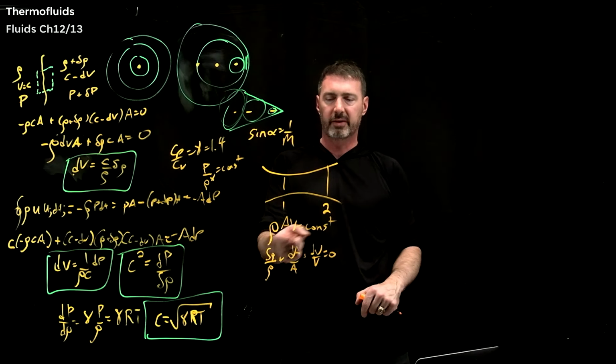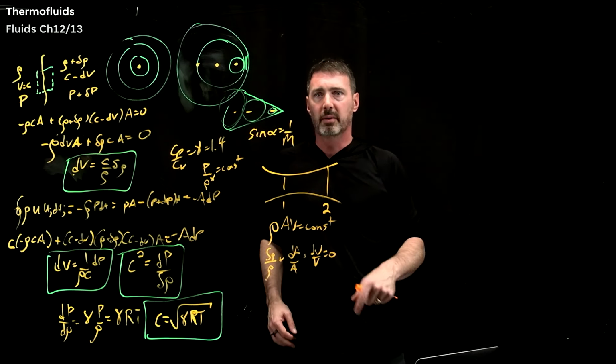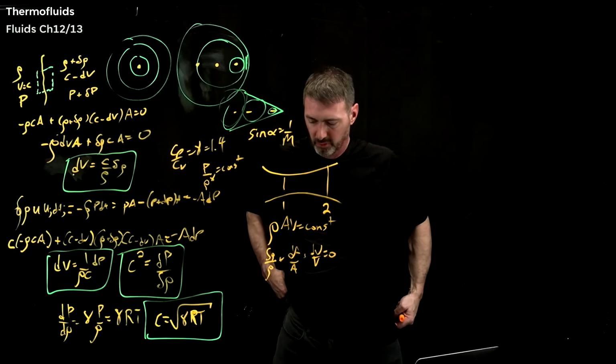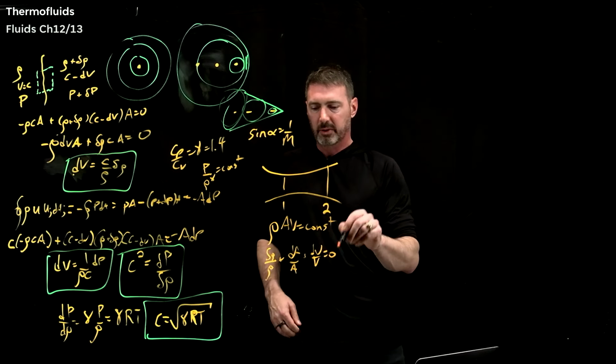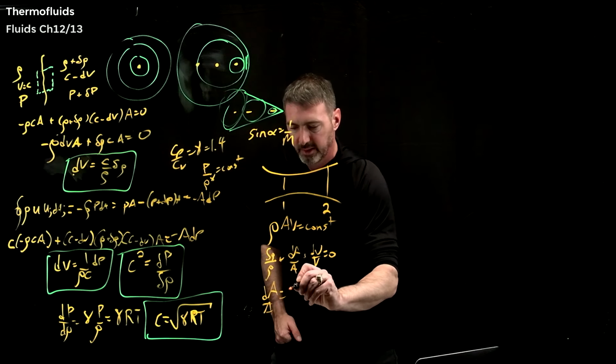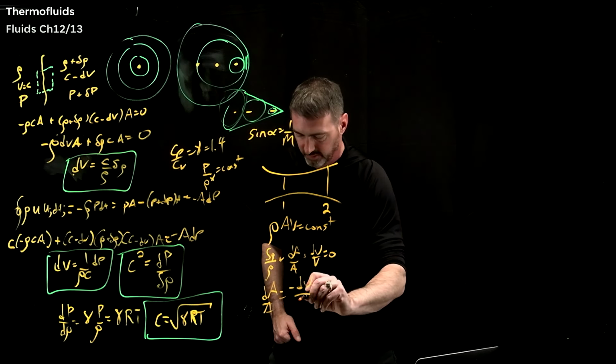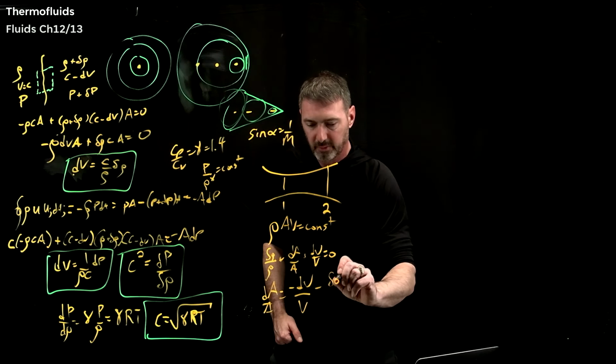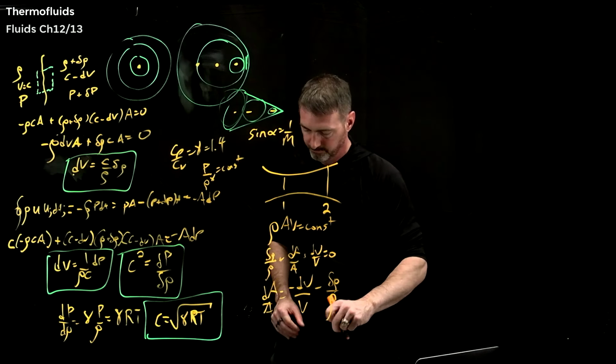So that's just taking the derivative and then dividing through. Now I'm going to rearrange it and say dA over A is equal to negative dV over V minus d rho over rho.